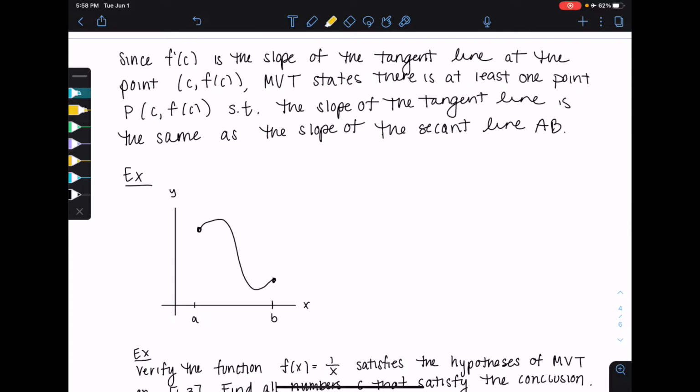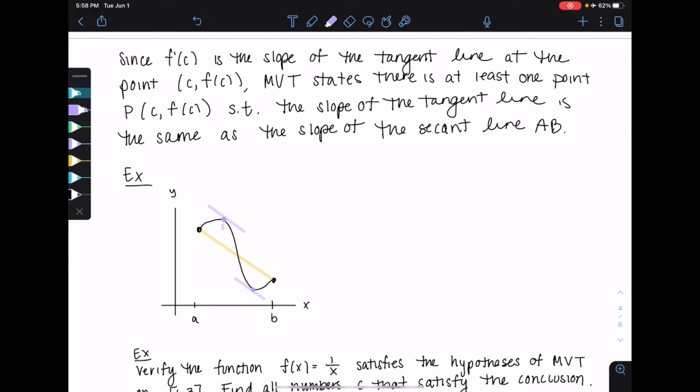So if we look at this picture, if I go ahead and connect these two, that would be my secant line. I really have two different points, one here and one here, where if I draw the tangent line at those points, they run parallel to my secant line.